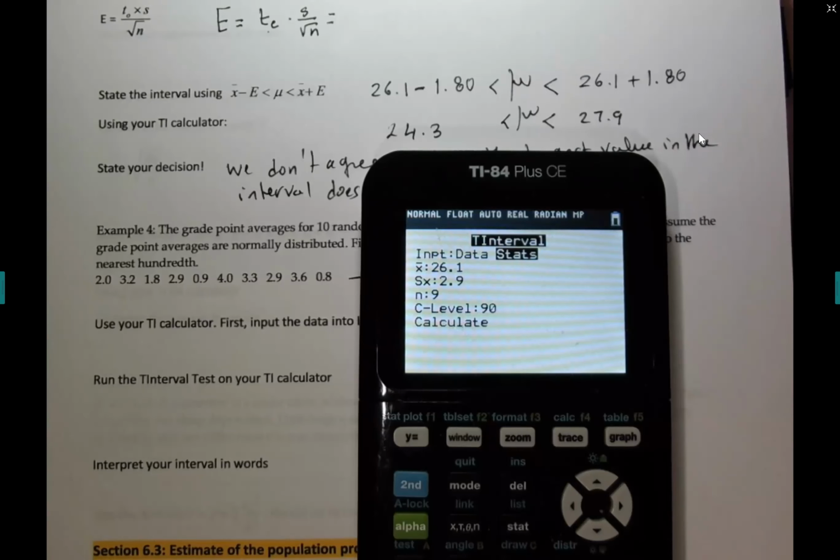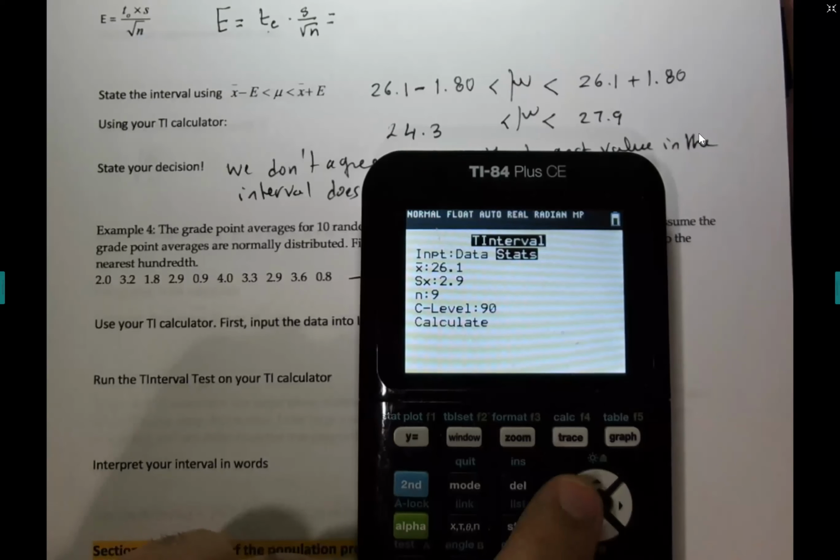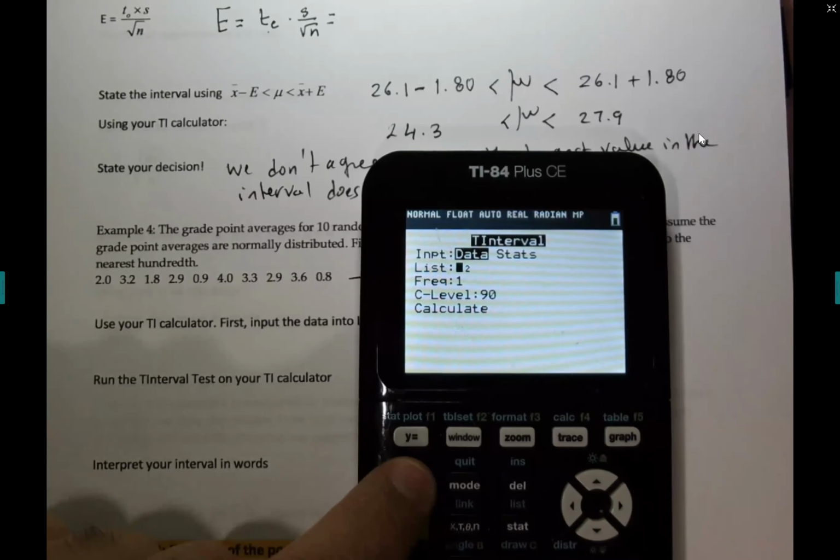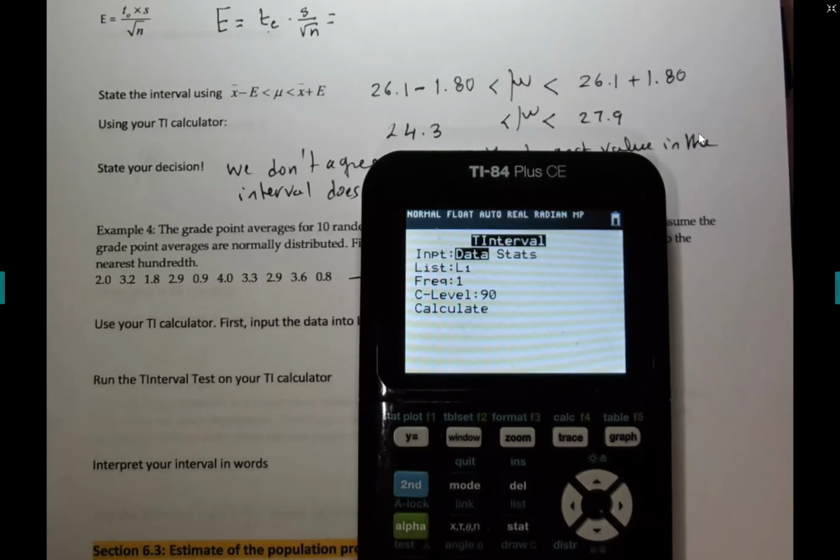Your input is not a summary that he gave you. Your input is data, so you have to switch to data and press enter. You see now it's asking you where the list is. You press second and number 1, because I put it in L1. By default, it should be L1 on your calculator.